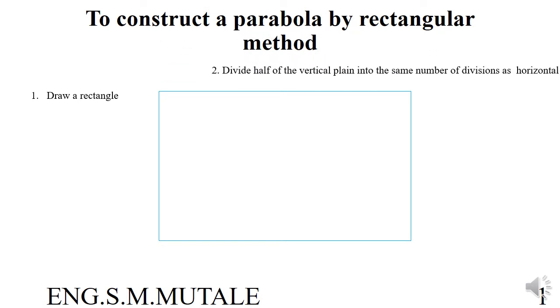Then the second step is you divide half of the vertical plane into the same number of divisions as the horizontal.